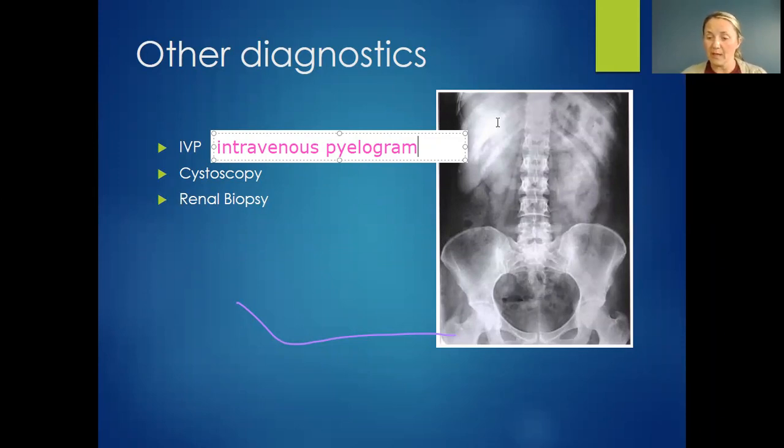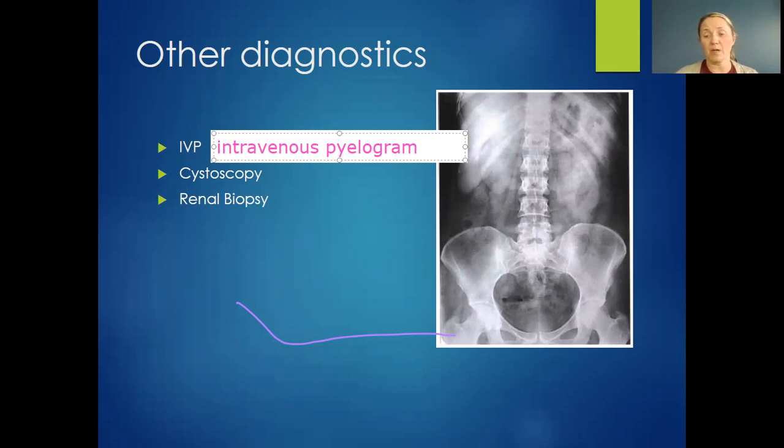So it allows visualization of the kidneys and how they're functioning, along with the ureters and bladder. It's used to help diagnose symptoms like blood in the urine or flank or lower back pain. It can help identify problems like kidney stones, enlarged prostate, tumors in the kidney, ureters, or bladder.